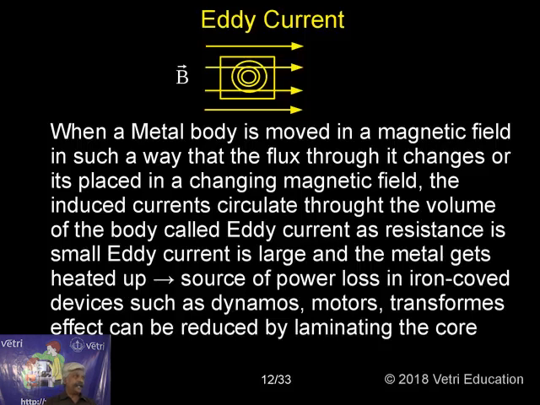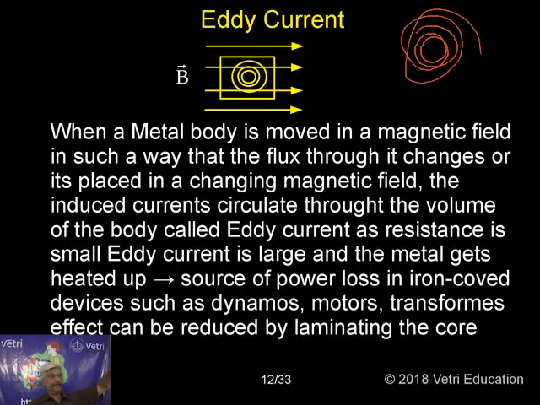So, the eddy current, what happened? The Foucault current: any metal disc placed in a varying magnetic field, the current is produced in the form of eddies. Eddies means not in a straight way. It flows in a circular form, in a rotating way, so that the metal piece oscillates in the magnetic field.